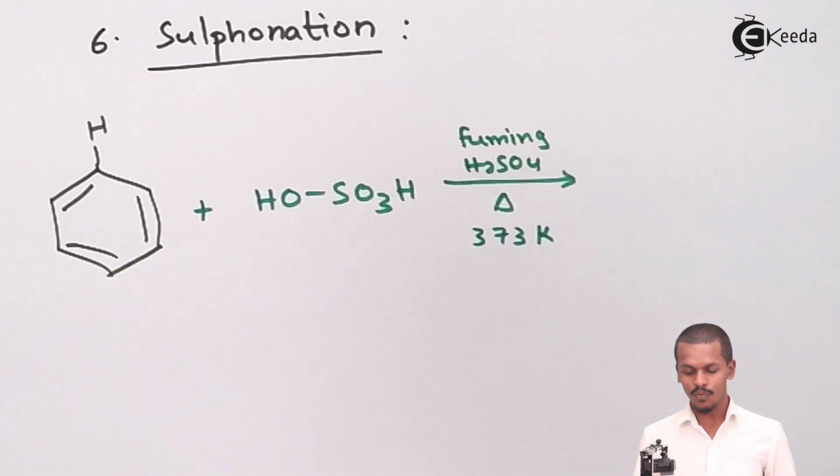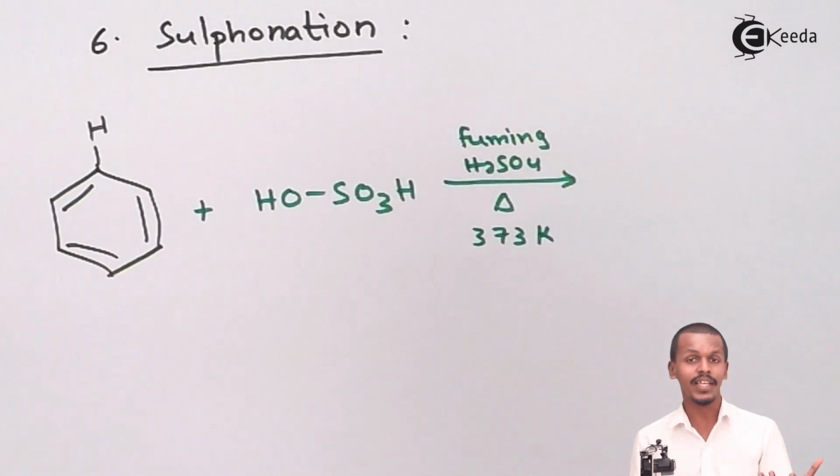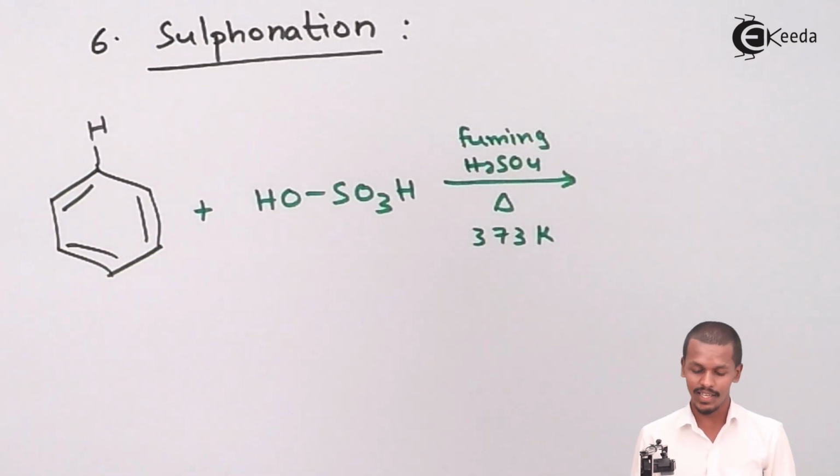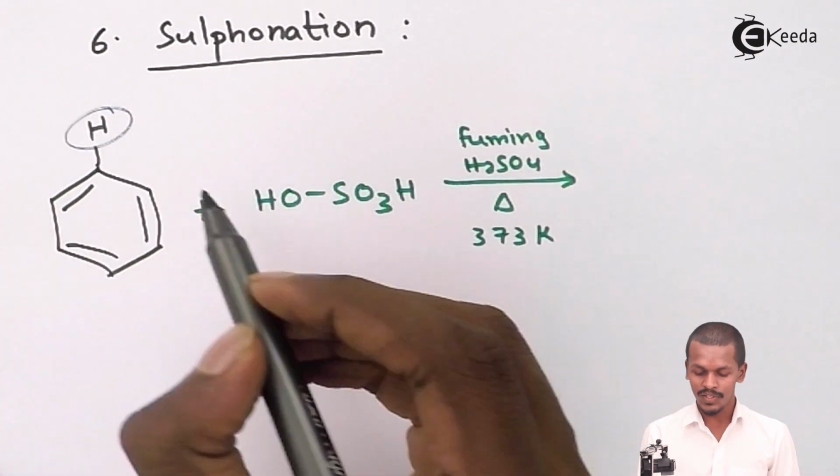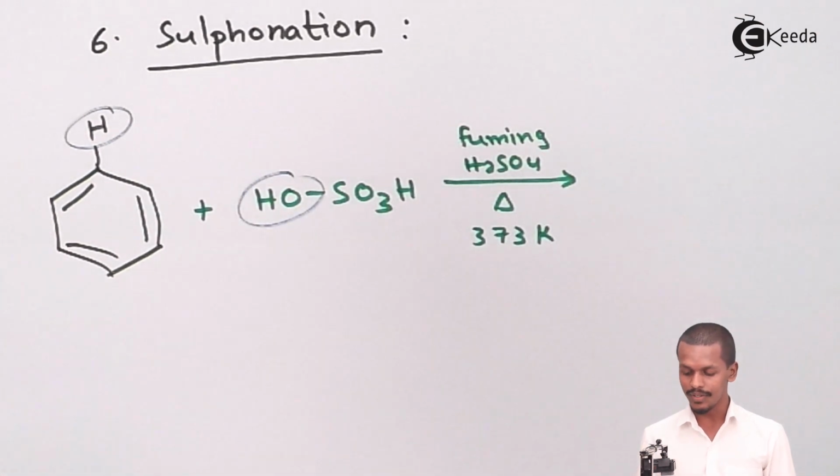In this condition we are providing heat, and because H2SO4 is a dehydrating agent, it would be able to remove this H and OH as water.